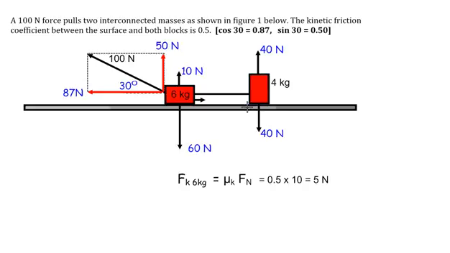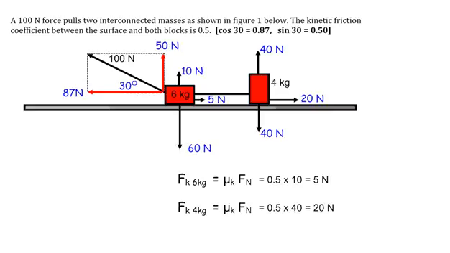There's obviously a frictional force due to the 4 kilogram mass. That is found in a similar way. So the friction force of the 4 kilogram mass is equal to the coefficient of kinetic friction, which again is 0.5, times the normal reaction on the 4 kilogram mass, which is 40 newtons, thereby giving us a friction force of 20 newtons. So this friction force acting here is slightly larger, and it's 20 newtons.